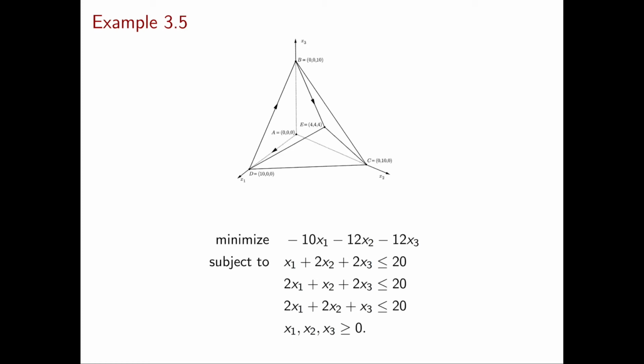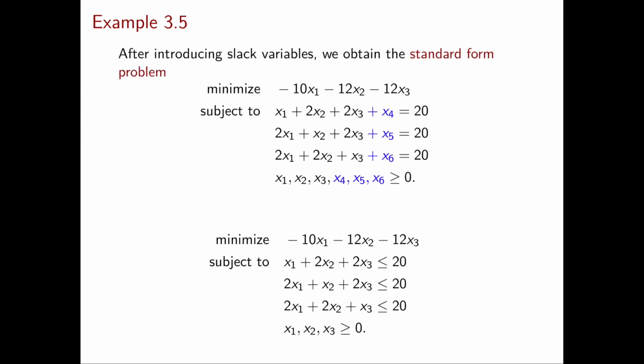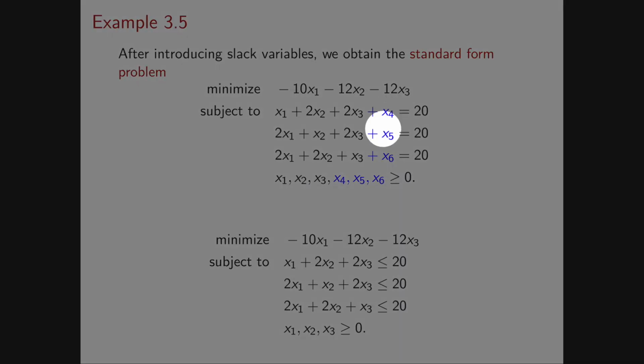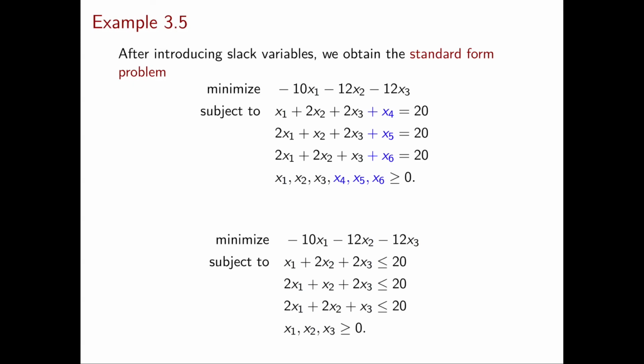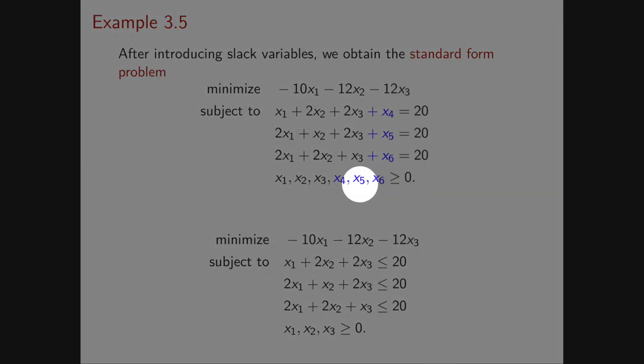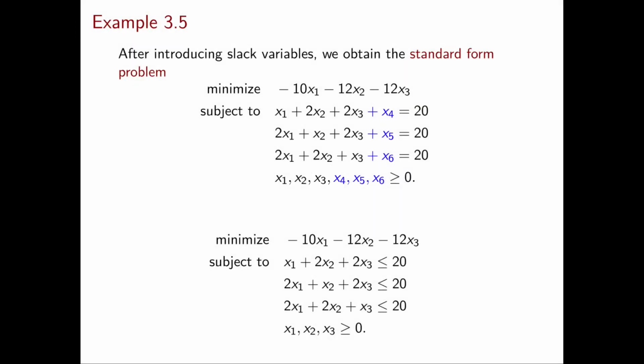Namely, we need to introduce slack variables. In fact, we add one slack variable for every constraint, plus x4 for the first, plus x5 for the second, and plus x6 for the third, and we add the constraint that all these slack variables are greater than or equal to 0. The problem that we have obtained is now in standard form, and we know it is equivalent to the original one.